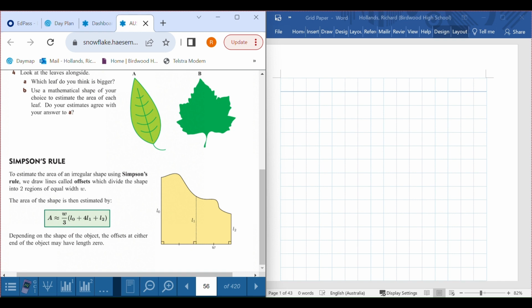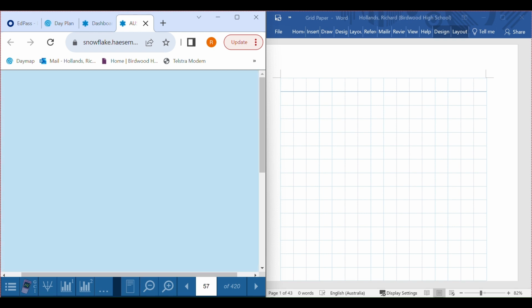And then the area of the shape is then estimated by the width of each region, because you've obviously split it into equal regions, so the width over 3 times the length of this first block, plus 4 times the length of your offset, plus the length of the end of your shape.